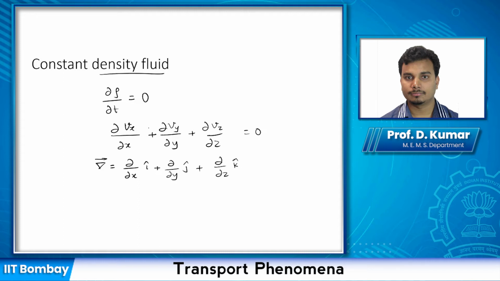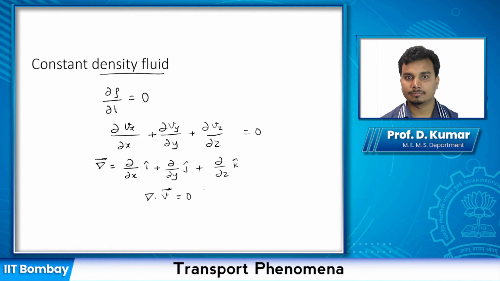Now you can see that for this constant density fluid, we can write del dot V equals 0, right? If you take the dot product of this operator with the velocity vector, you would get this.